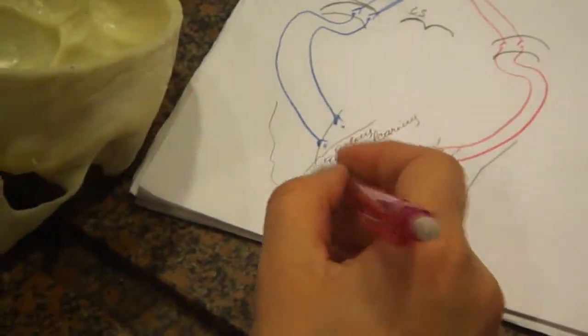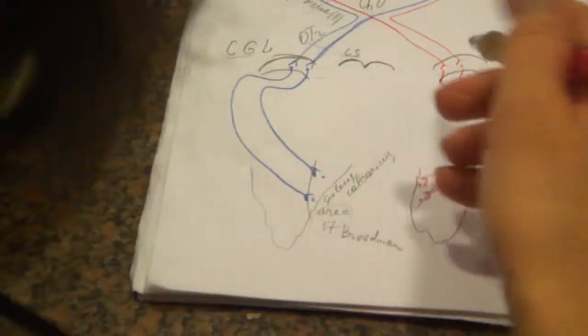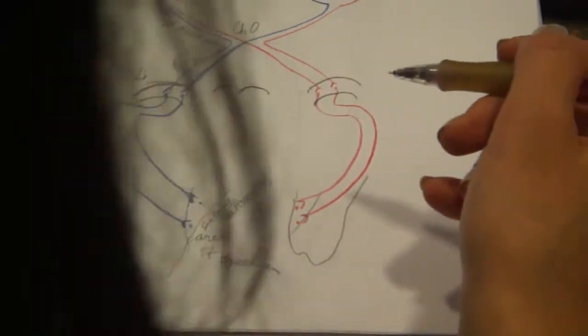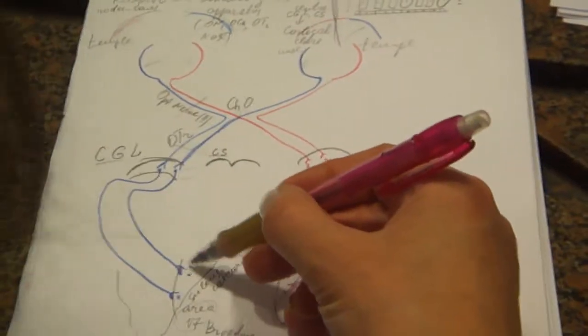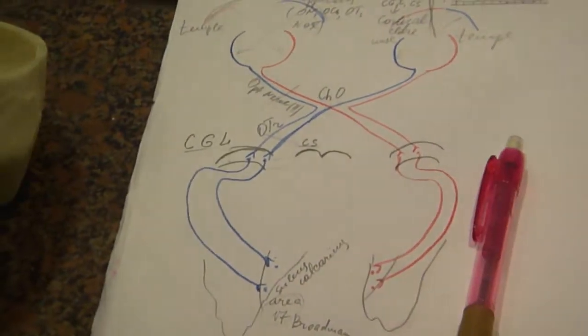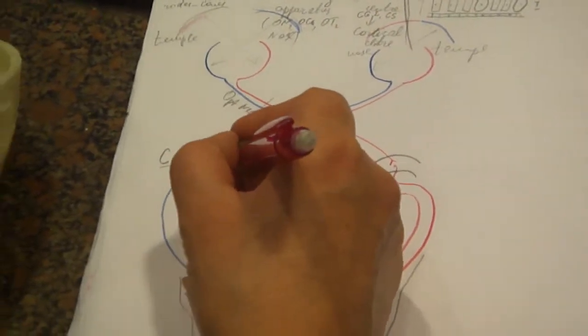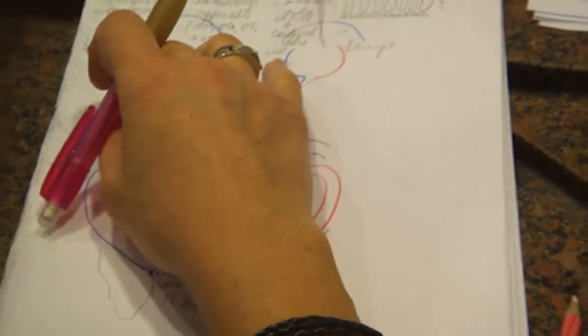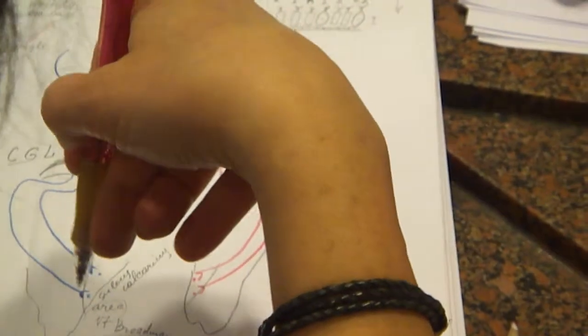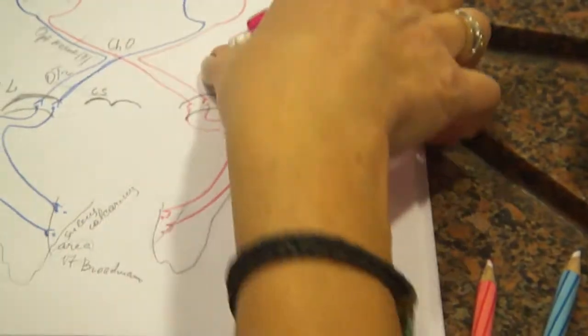Primary visual center, area 17. Visual sensation, here the analysis of impulses. Our eye could not see anything. Not in the eye can we see. We see here, after analysis with the brain. And all this is conducting apparatus.